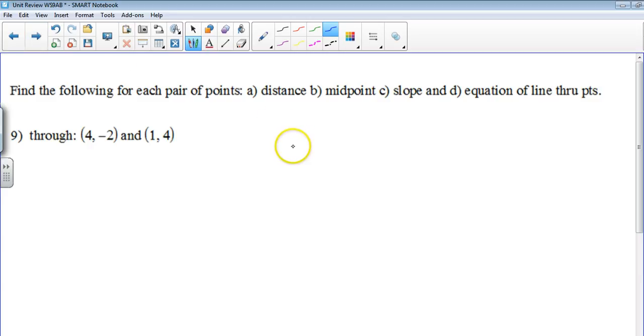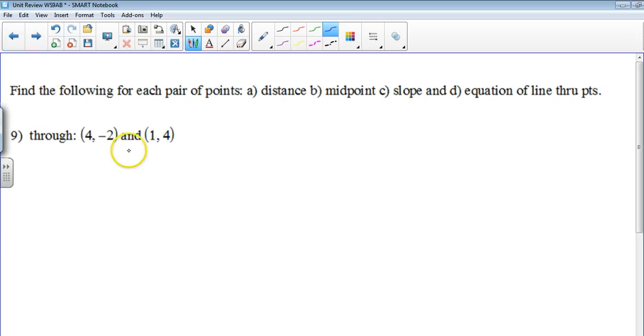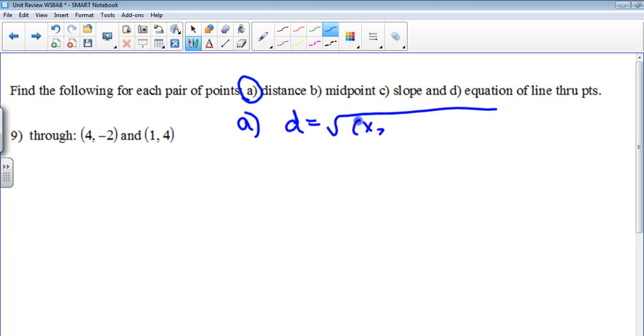Phew. 9 and 10 are the same, so I'm going to do one of them for you. Does 10 have different numbers? Yeah, no, I'm going to do 9. Okay. Who remembers something about distance? x minus x squared plus y, y plus or minus y squared. It's just awful, right?